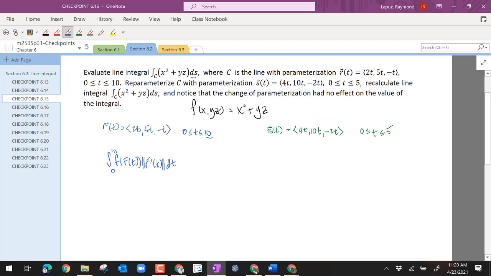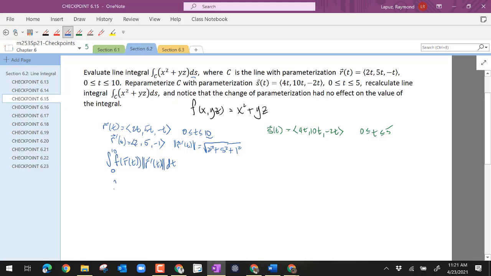Which means we need r prime, which is 2, 5, negative 1, and we need the magnitude of r prime, which is going to be the square root of 2 squared plus 5 squared plus 1 squared.